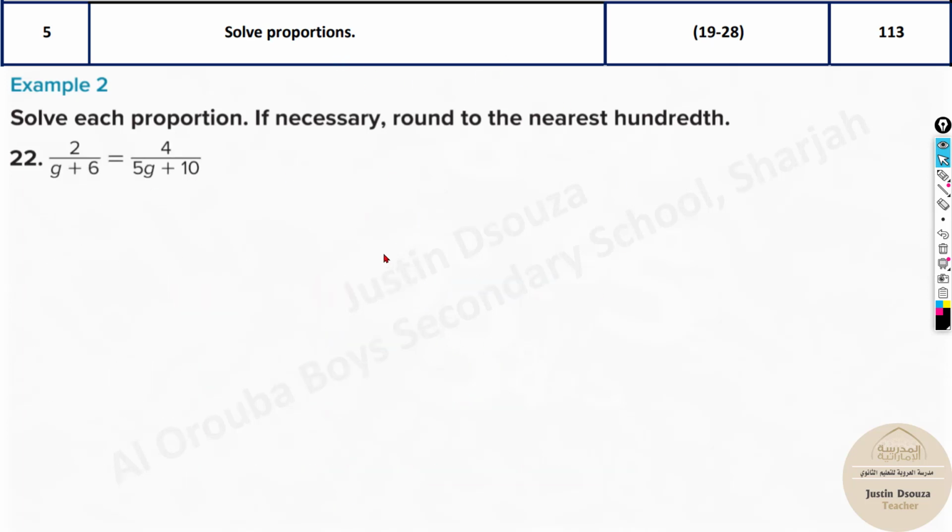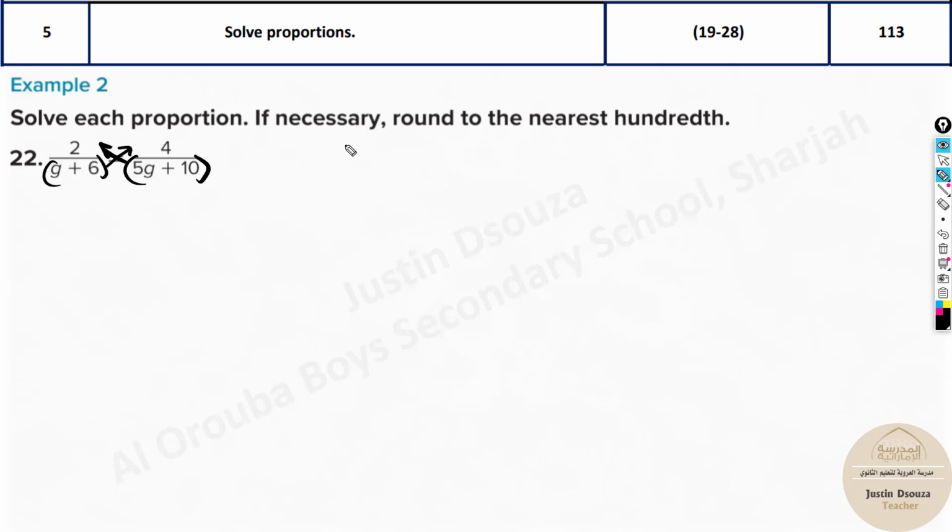Let me see. Okay, this one, the g's and all is down. So how would you do this? Again, the concept is the same. Only thing is, now this entire term moves to the other side of the equal to.